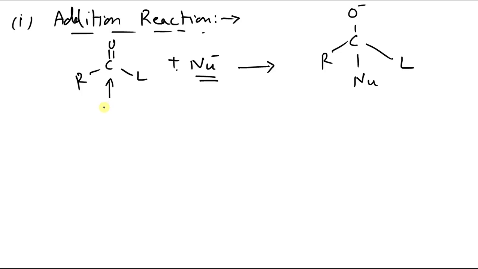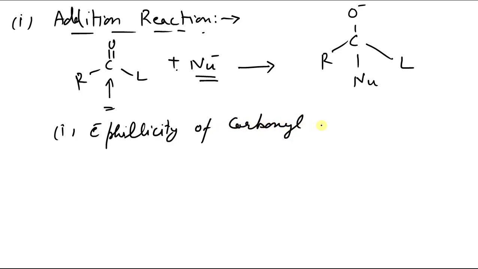So what are the various factors that can alter the rate of reaction? The first is the electrophilicity of the carbonyl carbon. If this carbon is more electrophilic, then the rate of reaction will be fast, which in turn depends upon various electronic factors, the effect of substituents.